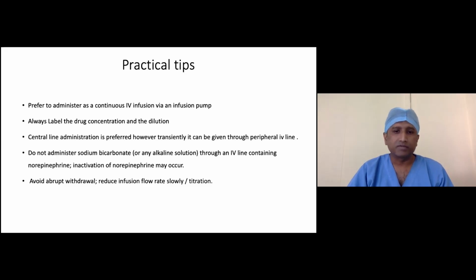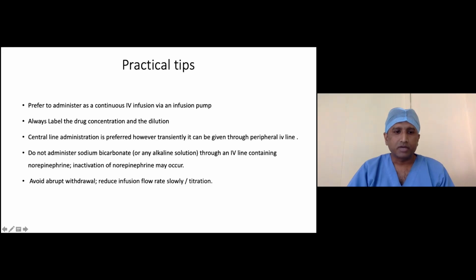But transiently, if there is no central line and the patient's MAP is falling, then we can give through a peripheral IV line, but only for a transient period, as giving through a peripheral IV line for a long period can cause tissue necrosis. We also should not administer sodium bicarbonate or any other alkaline solution through an IV line containing norepinephrine, because inactivation of norepinephrine may occur.